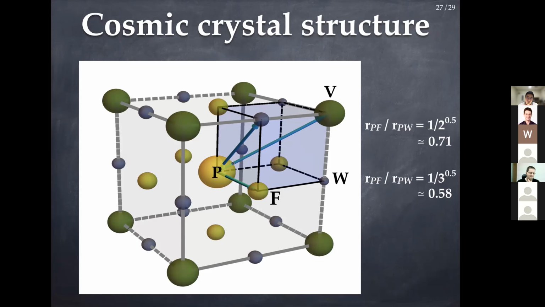Then you can simply compute the distance ratios between these different distances, and it gives you 0.7 and 0.58, which is remarkably close to the values obtained from the measurements. So in that sense, we can statistically say that the spatial organization of these critical structures can be captured in terms of a cosmic crystal.